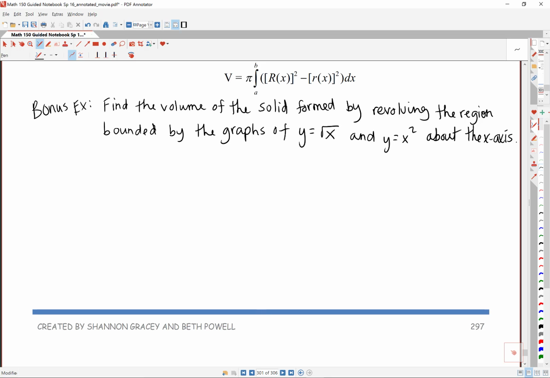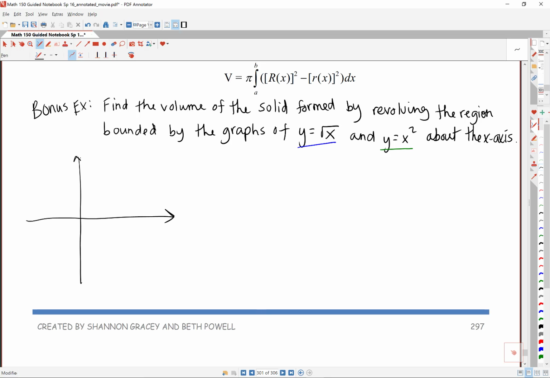You've got these two different graphs, right? We'll do this one in blue and we'll do this guy in green. So if we go here, and we're revolving about the x-axis, so I'm going to leave room below. And first of all, I mean, where the heck do these graphs intersect?